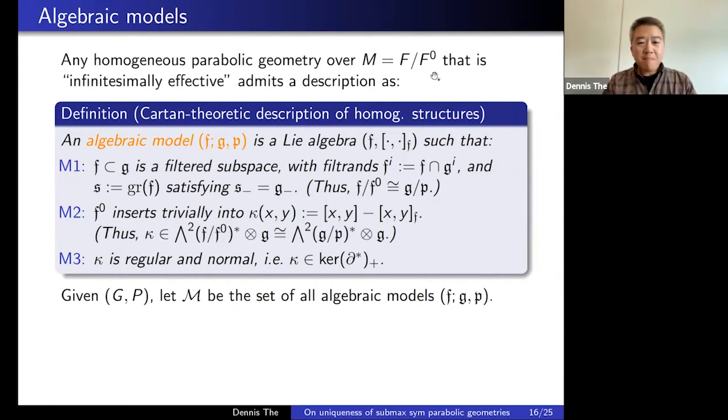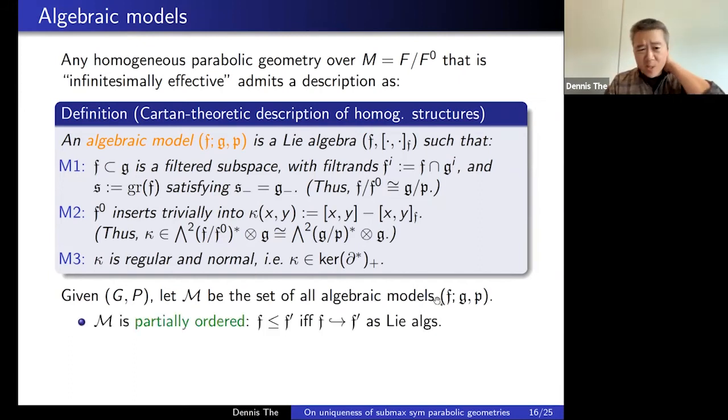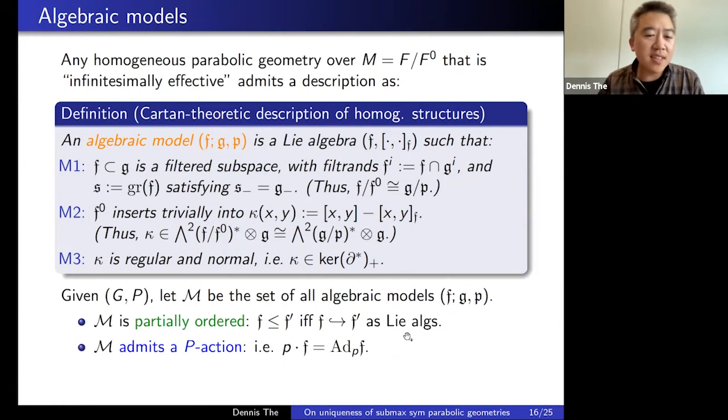Okay. Given a G and P, let M be the set of all algebraic models. First of all, M is partially ordered. F may not be the full symmetry algebra for your model, okay, but it's partially ordered in the sense that, well, you say F is less than or equal to F prime if there's a Lie algebra injection from one into the other. And secondly, M admits a P action.